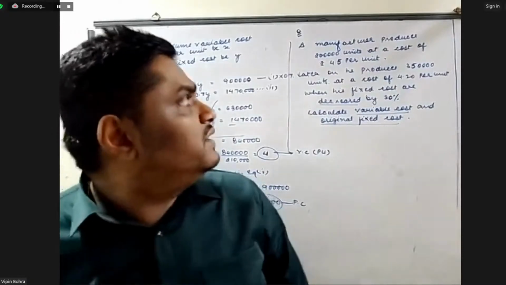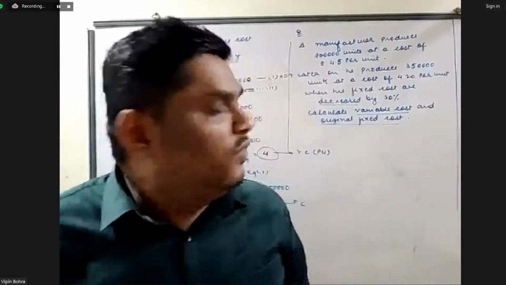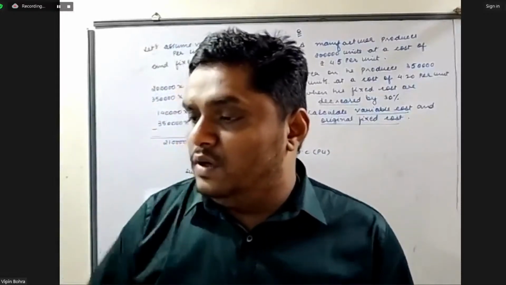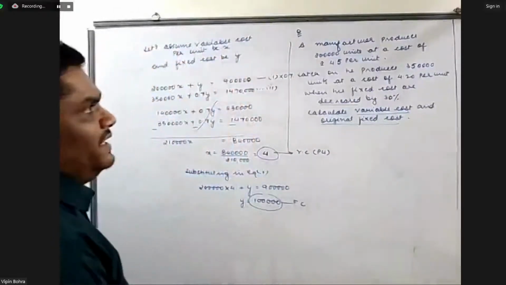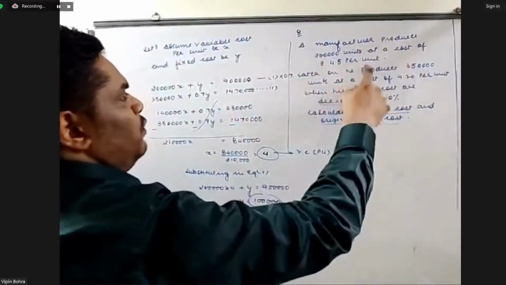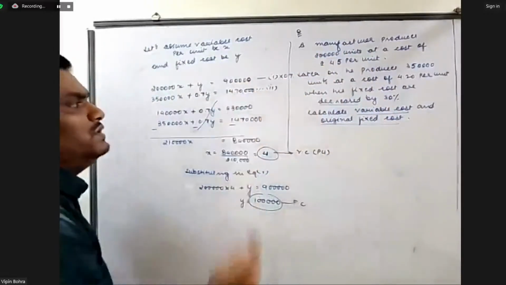No worries, Yashwardhan. It was 4.5 and 4.2. Mr. Pratna Sarthi, how equation was formed? So it's very simple. A manufacturer produces 2 lakh units at a cost of 4.5. So 2 lakh into 4.5, the total cost is 9 lakh.